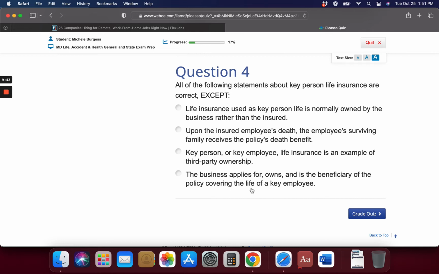The employee's surviving family receives the policy's death benefit. Life insurance used as a key person is normally owned by the business rather than the insured. Business as beneficiary of the policy covering the life of a key employee. Alright, I'm going to say this one. I'm not too sure about this one.